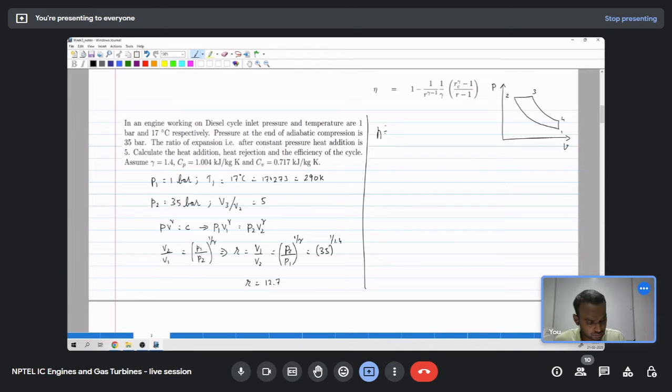Efficiency is equal to 1 minus 1 by compression ratio 12.7 power gamma minus 1, which is 0.4, into 1 by gamma, which is 1 by 1.4, and we have cutoff ratio power gamma minus 1 divided by cutoff ratio minus 1.